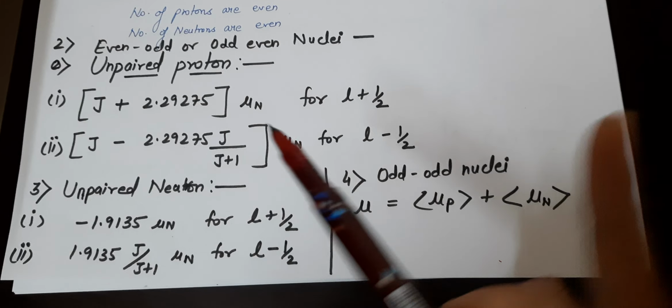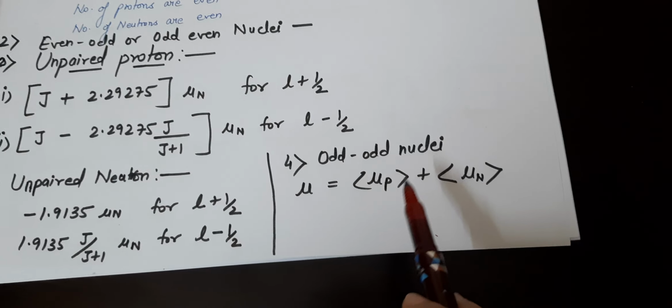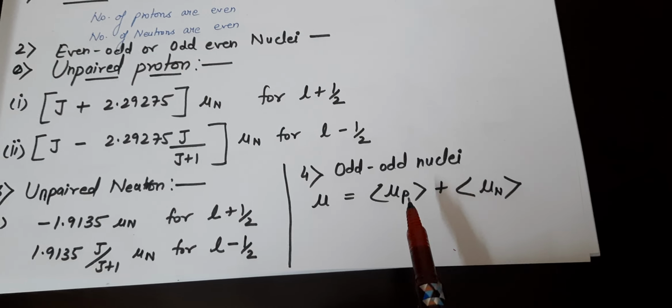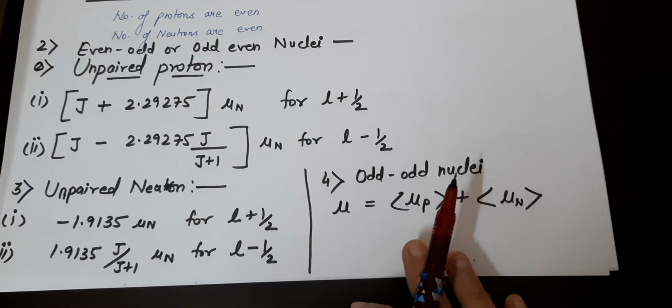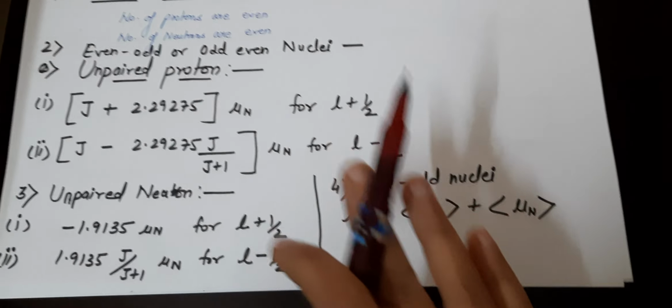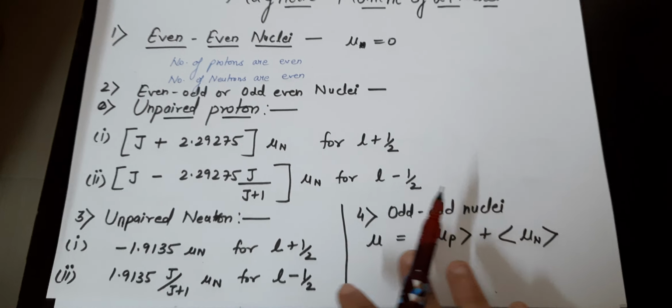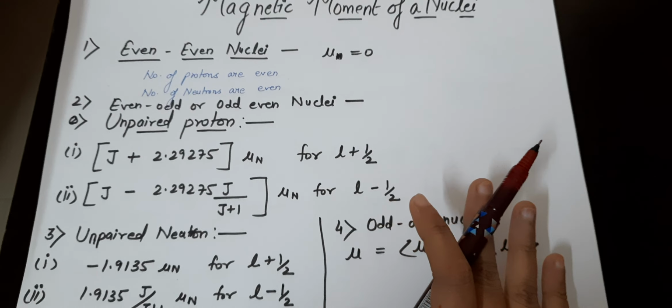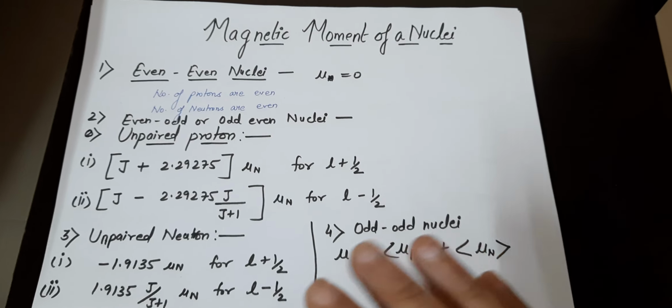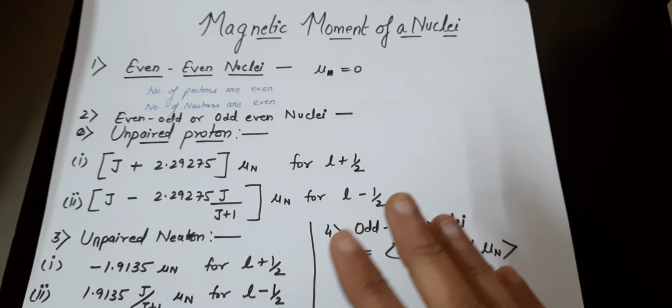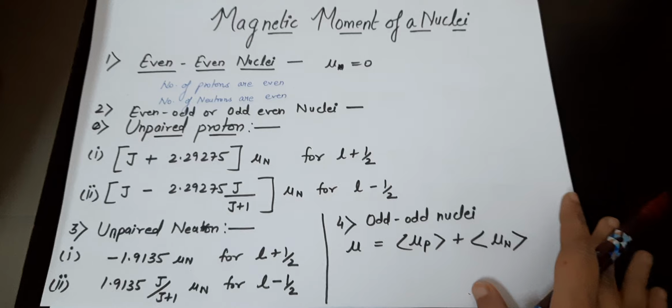After calculating both, we sum up the two magnetic moments and get the total magnetic moment of that nucleus. So this is the total concept you need to know in order to calculate the magnetic moment of a nucleus.